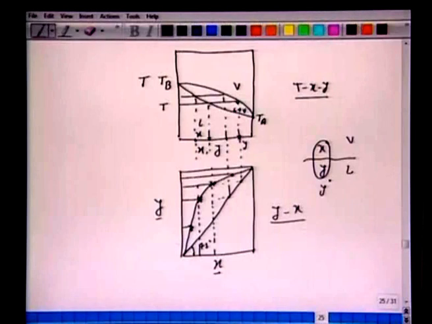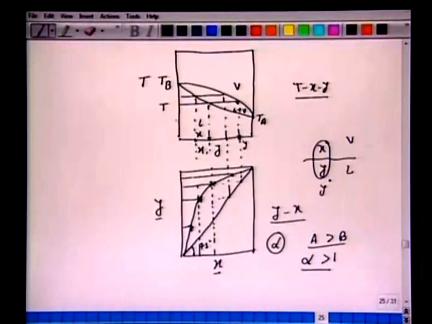We were talking about the relative volatility. If A is more volatile than B, you will expect that alpha will be greater than 1, and the more volatile A is than B, the larger alpha will be. If you want to plot this liquid-vapor equilibrium curve for a larger volatility, there will be more separation.